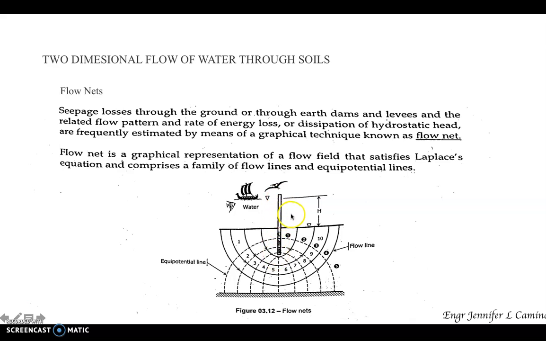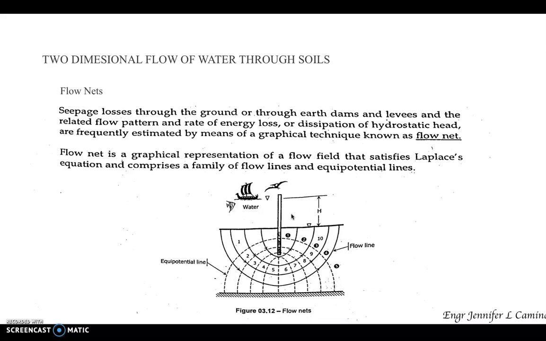To illustrate the two-dimensional flow of water, we use a flow net. A flow net is a graphical representation of two-dimensional steady-state groundwater flow through aquifers. Construction of a flow net is often used for solving groundwater flow problems where the geometry makes analytical solutions impractical.